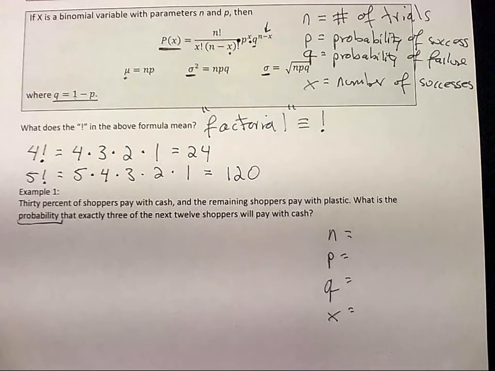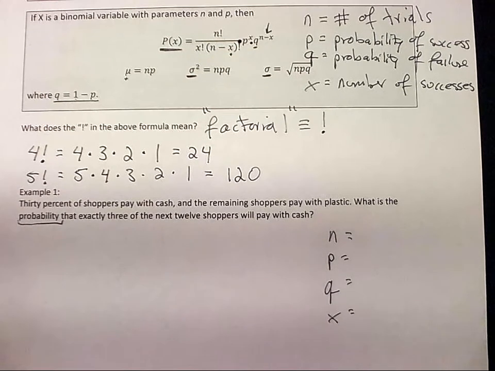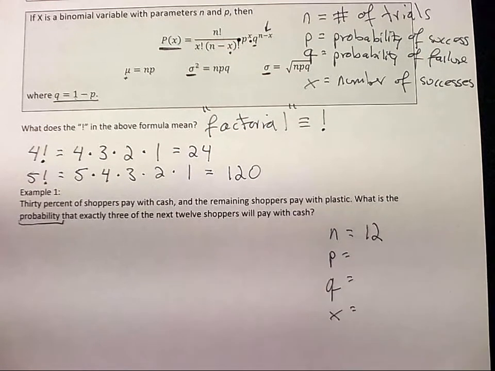All right. So n, little n, represents the number of trials, the number of things that we're looking at. How many things are we looking at in this problem? 12. The next 12 shoppers, right? So we're going to look at 12 things. So therefore, n is going to be equal to 12.